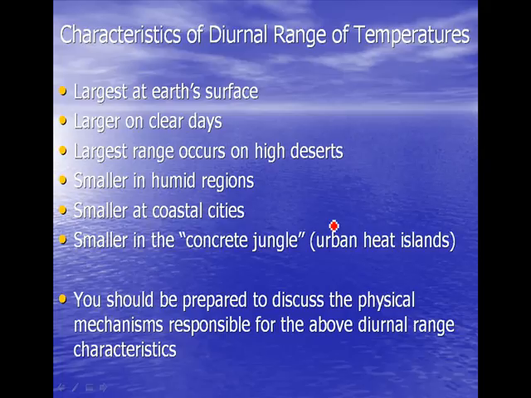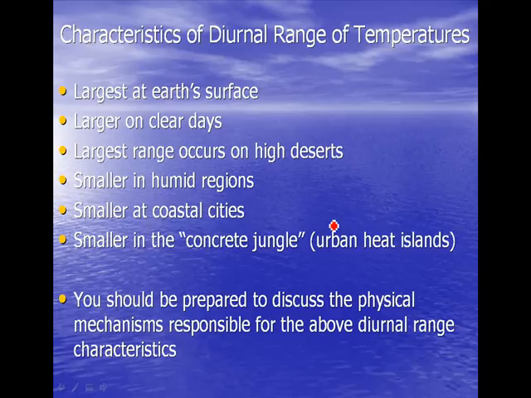Typically, the diurnal range is smaller at coastal cities. In other words, if you were to look at the average temperature, let's say in Mobile, Alabama, along the Gulf Coast, the difference in the maximum temperature and the minimum temperature in the summer is not going to be very much compared to here in Iowa. For instance, Mobile may hit a high of about 85 and a low of about 75, so there's only a 10-degree difference.